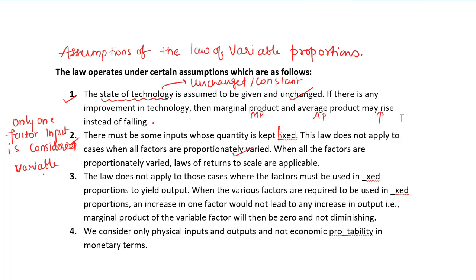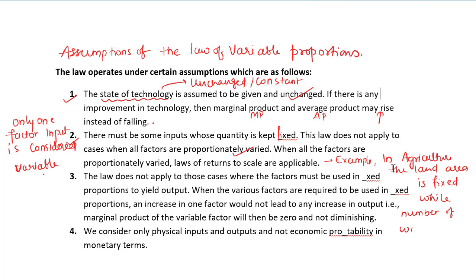Let's take an example. In agriculture, the land area is taken as constant while the number of workers is increased or decreased. You can write as an example over here: in agriculture, the land area is considered as fixed while the number of workers can be increased.